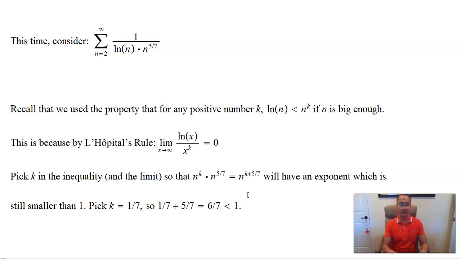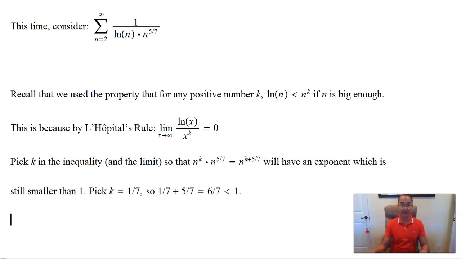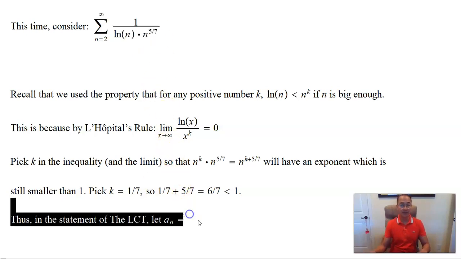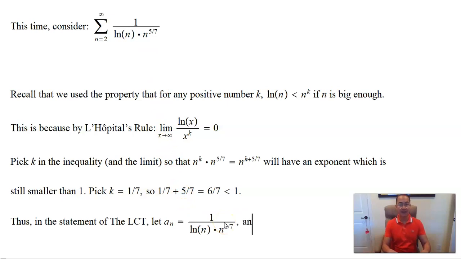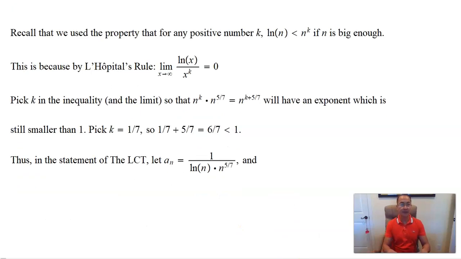So in other words, just like we did in our last example, let's make some space here. Thus, in the statement of the LCT, we will let our a sub n be the sequence 1 over ln of n times n to the 5 over 7, and we will let b sub n be 1 over n to the 6 over 7.